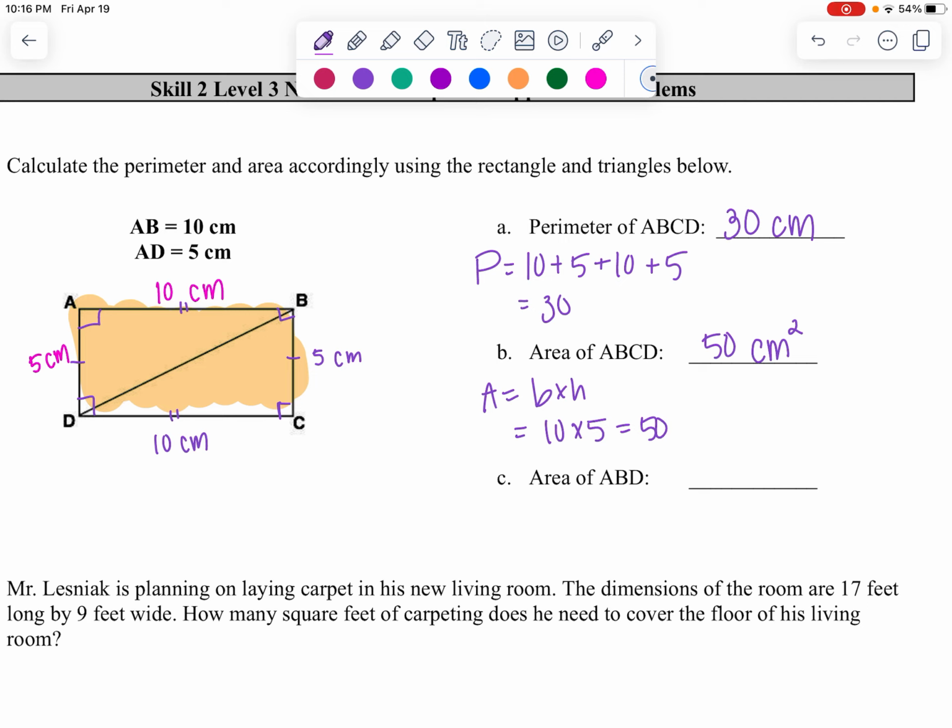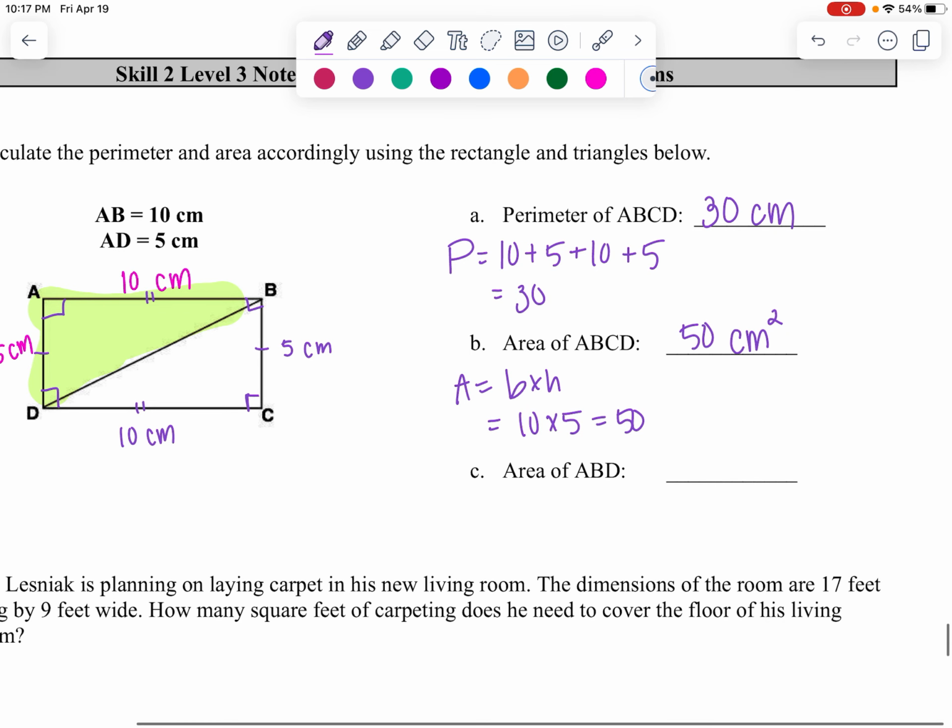Now it's going to ask us for the area of ABD. If I'm looking at ABD, this is what we're looking at, and we see that it is now going to be a triangle. So if I redraw my triangle, here is A, here is B, and here is D. It's actually a right triangle.